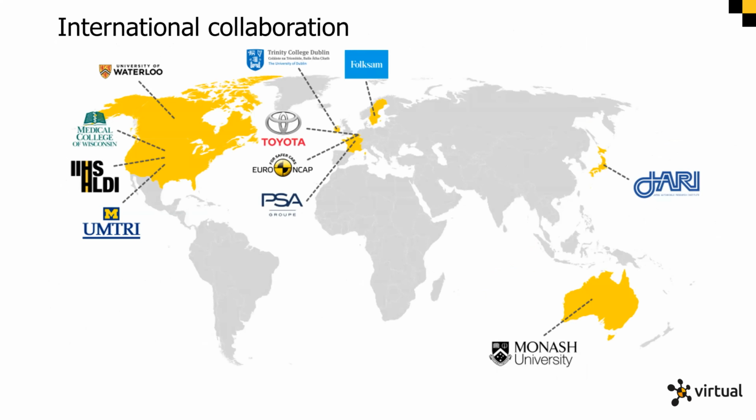And here on the map you see those that have a specific role and have taken on that commitment, from Canada, from the US, different countries in Europe, from Japan and from Australia. And this is a mix of, as you see, institutes, companies, and academia.